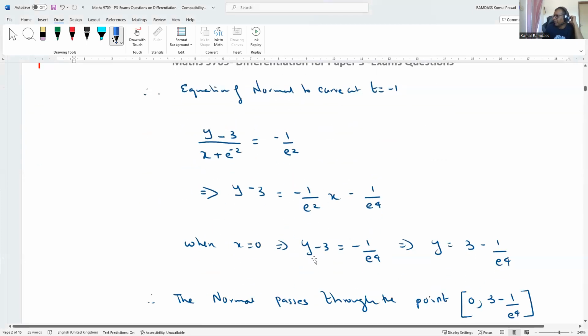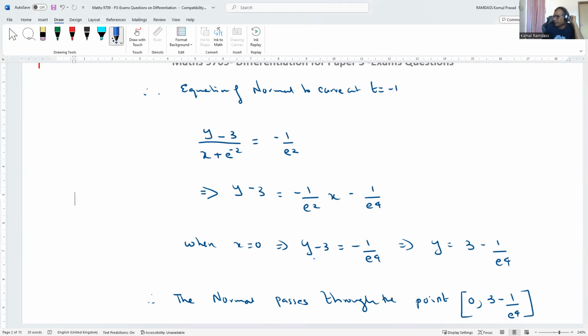Et finally, moi je gagne y minus 3 is equal to minus 1 e square times x minus e to the power of minus 1 over e to the power of 4. OK? Moi je gagne cette equation.